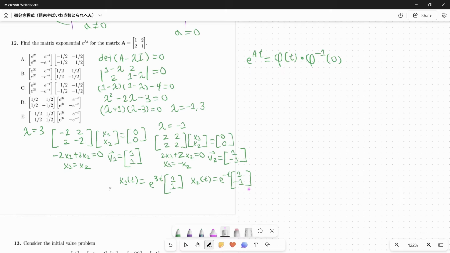And then the next thing I'm going to do, it doesn't matter the order in which you do it, but for this case I'm going to specifically set up our fundamental matrix to look like this, where phi of t is going to be equal to e to the 3t. I'm going to put this solution on the left side of the matrix and this solution on the right side of the matrix.